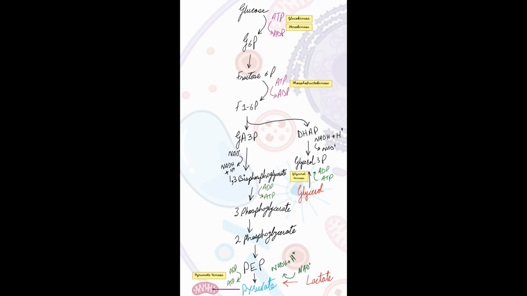Other than that is glycerol. Glycerol can be converted into glycerol 3-phosphate at the expense of ATP, and then the glycerol 3-phosphate will be converted into dihydroxyacetone phosphate, and one NADH molecule will be produced there.